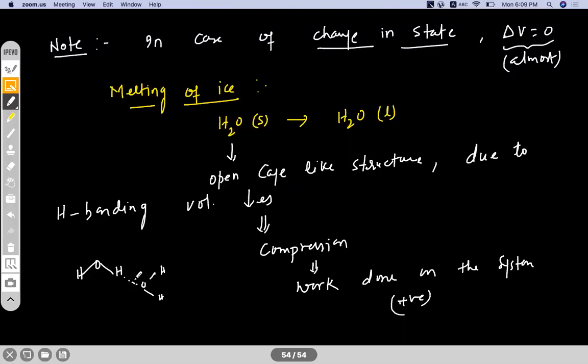But because of this attraction, hydrogen bonding, we observe some compression in this case, ice to water. And that's why we say it is compression and work done on the system. Clear? Understood?